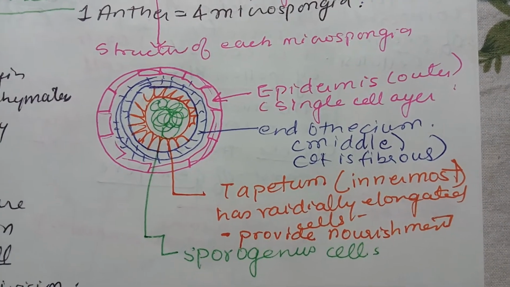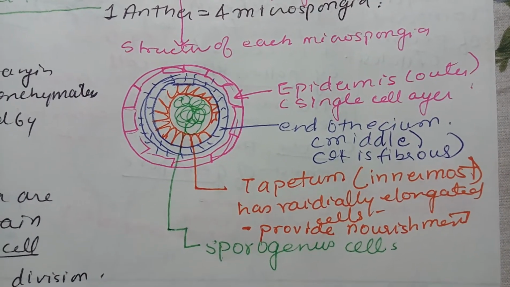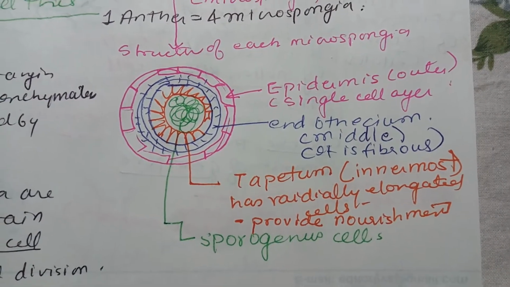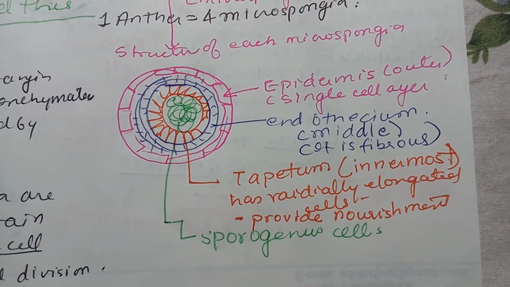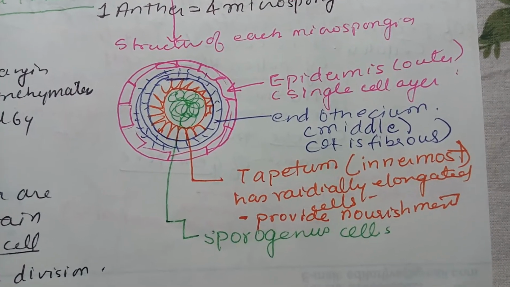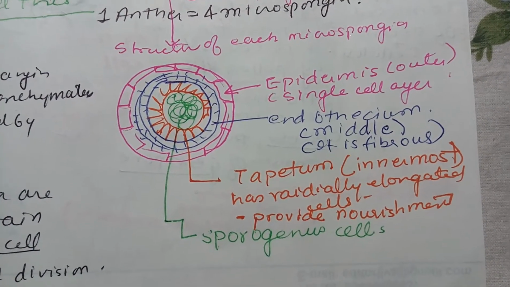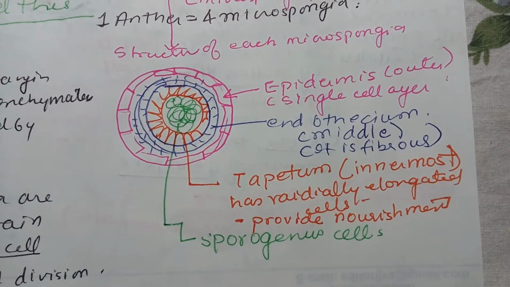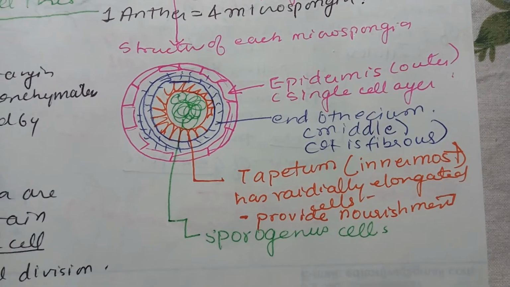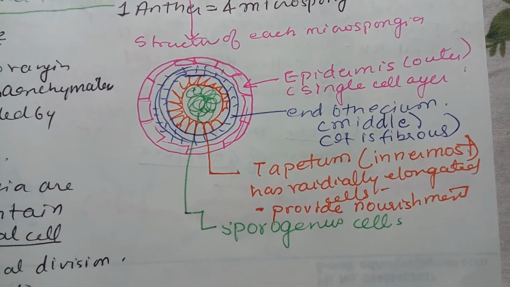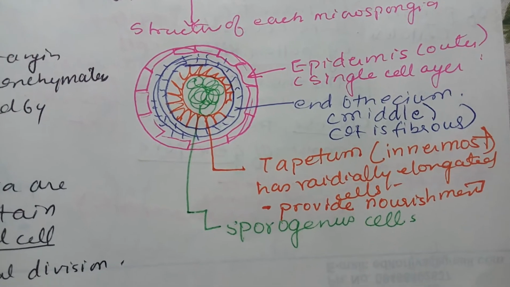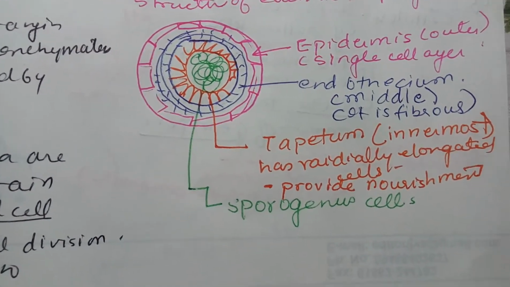The middle one is called endothecium, and it is 2 to 3 cell layers and fibrous. Then the innermost consists of radially elongated cells. It is called tapetum, and its main function is to provide nourishment to the growing sporogenous cells. And here you can see the sporogenous cells all at the center, surrounded by the wall, which is made up of 3 layers.